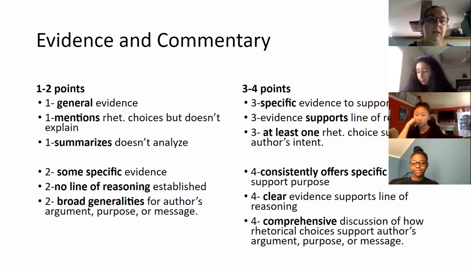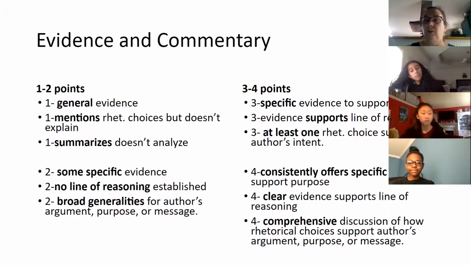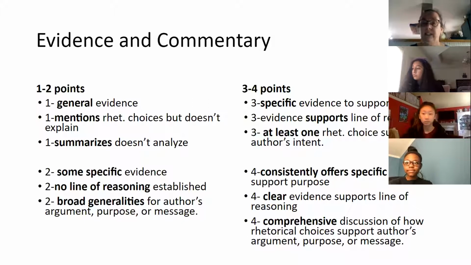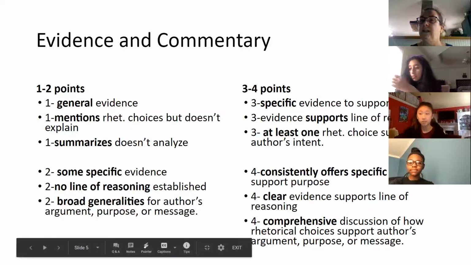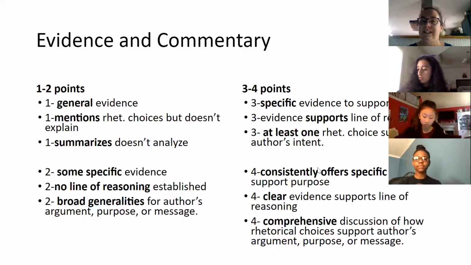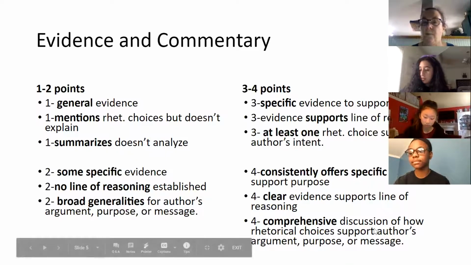So those would be scored 1 or 2 points. And then for the successful part, 3 and 4 points, specific evidence supports the line of reasoning. At least one rhetorical choice is connected back to the author's intent, consistently offers specific evidence, clear, comprehensive. So these are the words that your scorer will be looking for when they're looking at your writing.